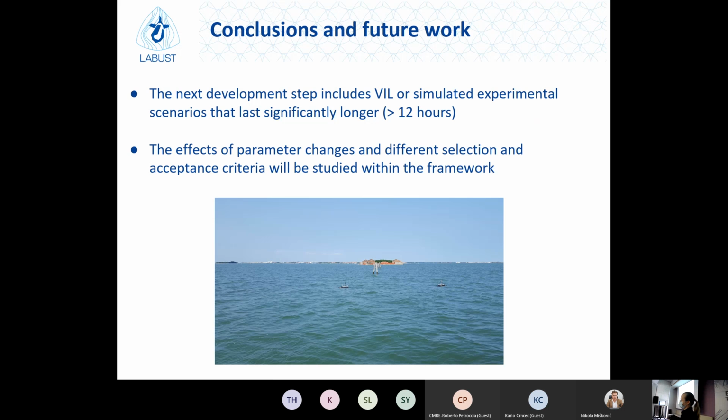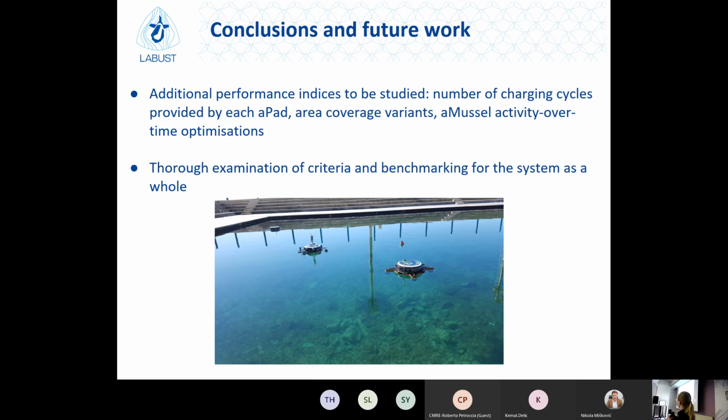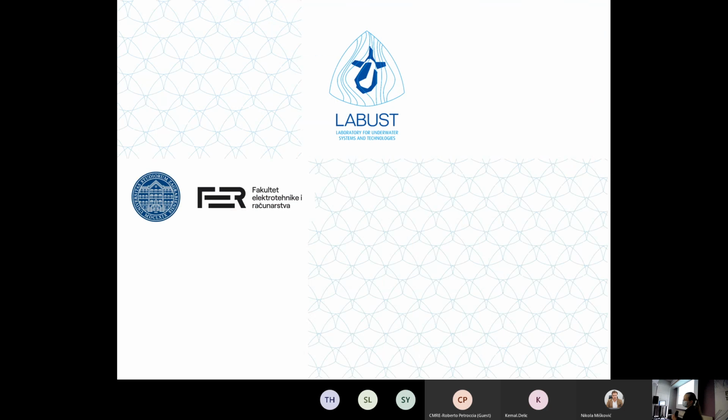Then we can study on a bigger data set the various parameter changes, the acceptance criteria, selection criteria changes, and how they actually impact the performance of the entire swarm and the longevity of its ability to perform long missions. That's it for me.